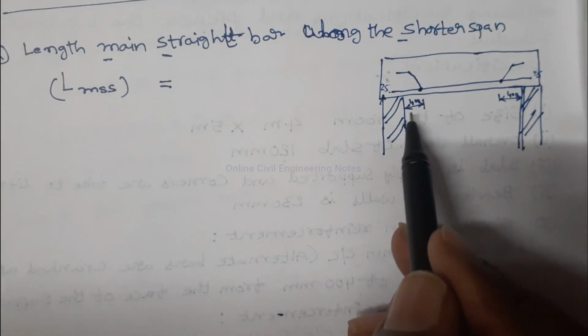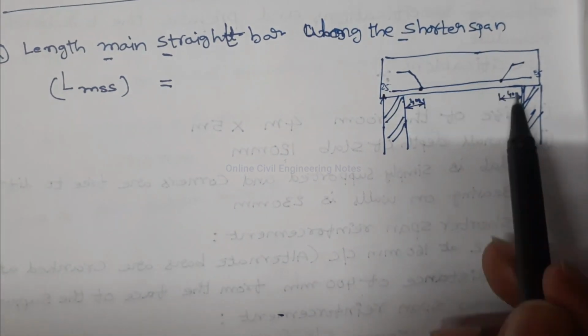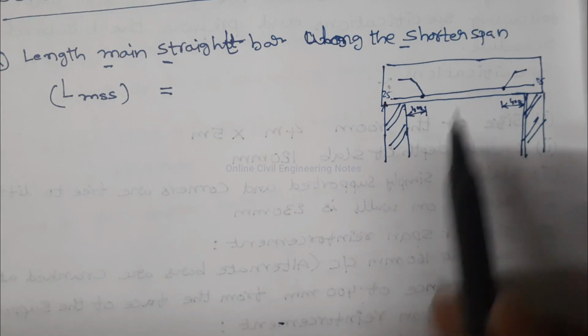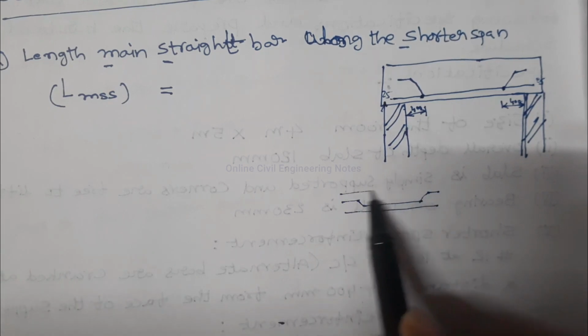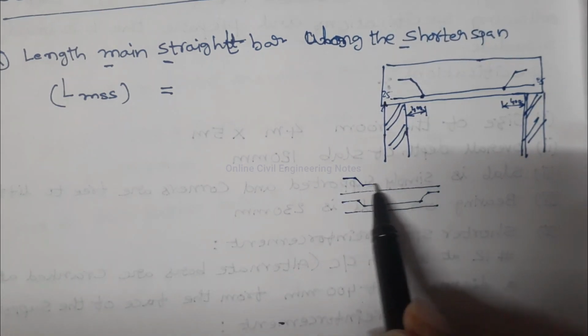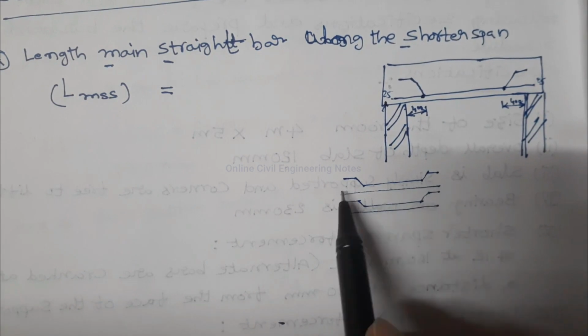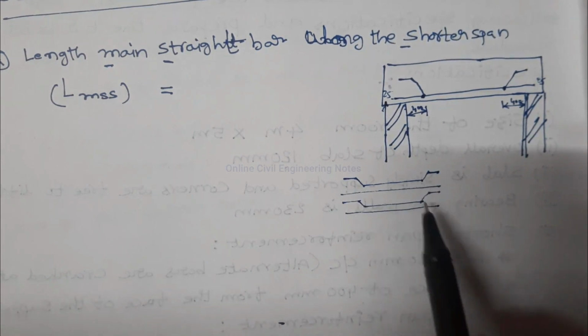This is 400 from this support. Similarly on this side also main bars and cranked bars are provided alternatively on the shorter span as well as on the longer span. See, the arrangement is, this is the laying of main bars.